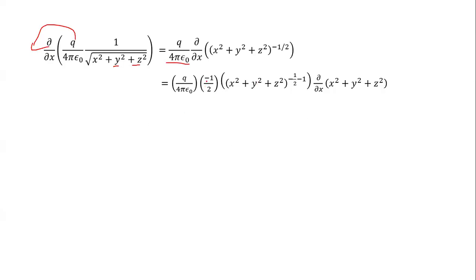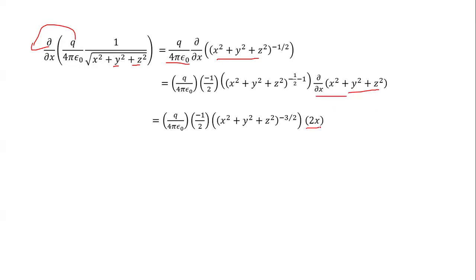So we have, using the chain rule, negative one half times x squared plus y squared plus z squared to the power of negative one half minus one, times the partial derivative of what's inside, which is the partial over partial of x of x squared plus y squared plus z squared. Since y and z are constant, their derivatives are zero, and the derivative of x squared is just 2x.